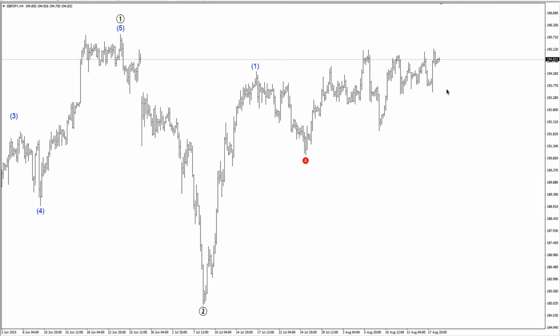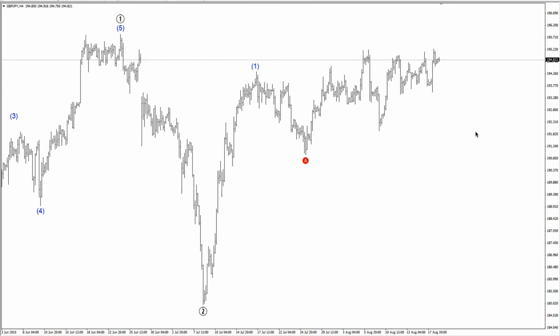Key levels on Pound Yen: the upside resistance, like I mentioned, 195.2, and downside 194.565 is the immediate support zone. We are right around that level as we speak.